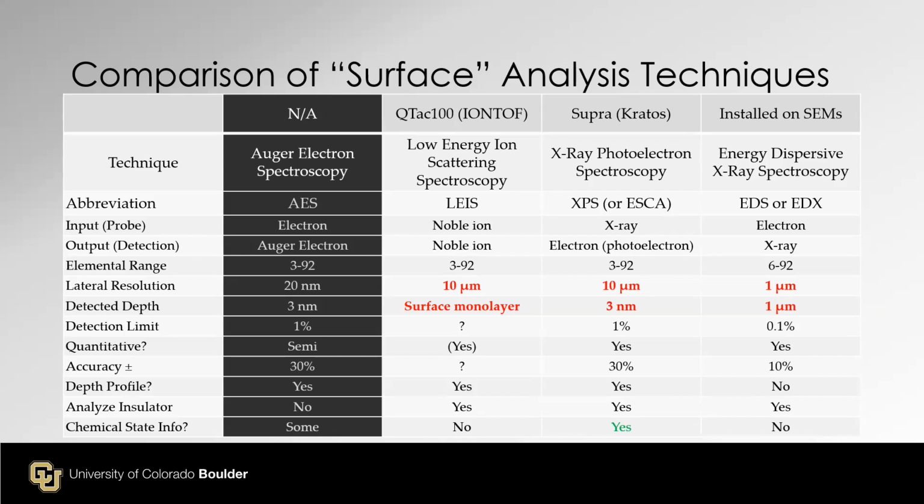We cannot coat for LEIS or XPS samples because it kills the signal from the surface few nanometers. But for EDS, we collect signals from a micron below, so it's okay to have a conductive layer on that. Chemical state information, no.